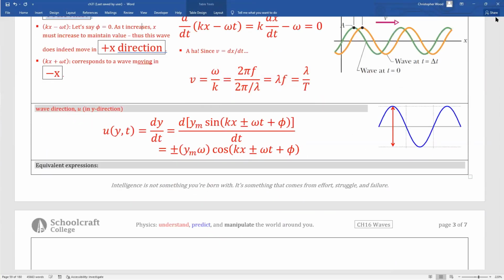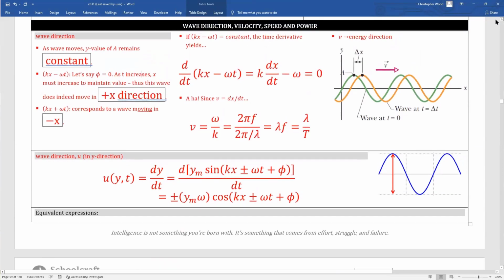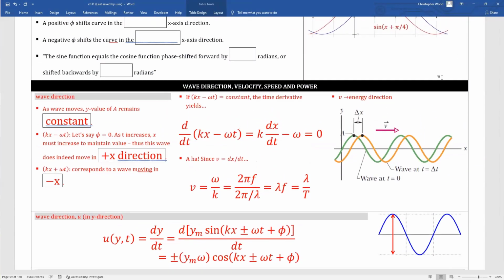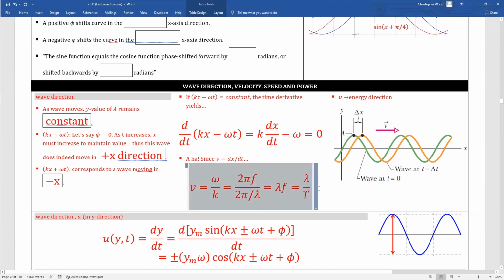I remember that velocity is basically dx dt, and I set things up carefully.